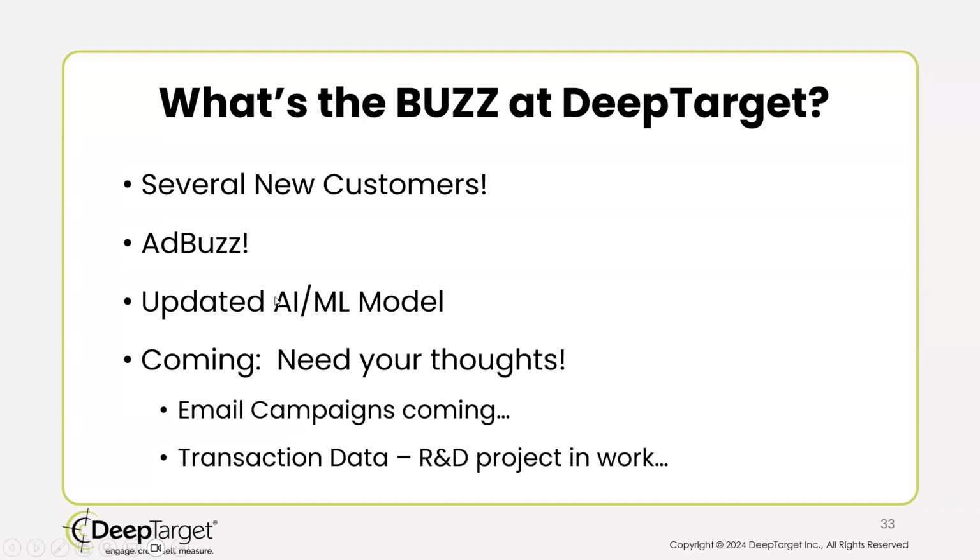We have just released our new AI machine learning model. So underneath our predictive, targeted by predictive model campaign type is the model that we use that utilizes anonymized data from all the account holders that have acted on a particular product, per product.